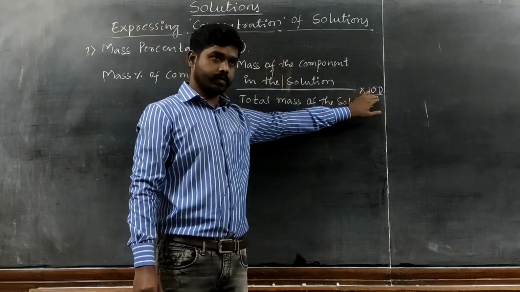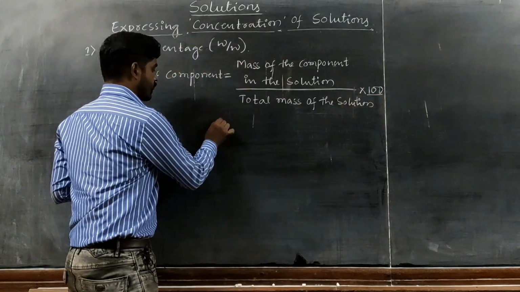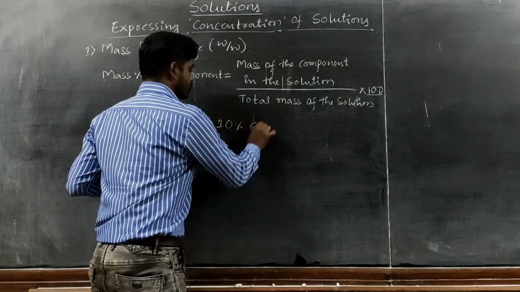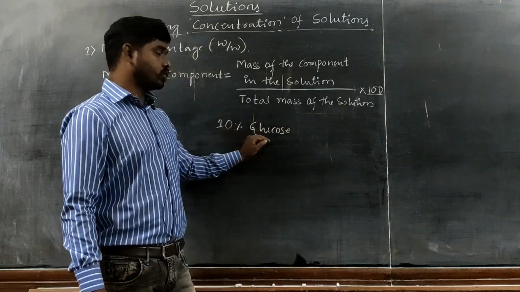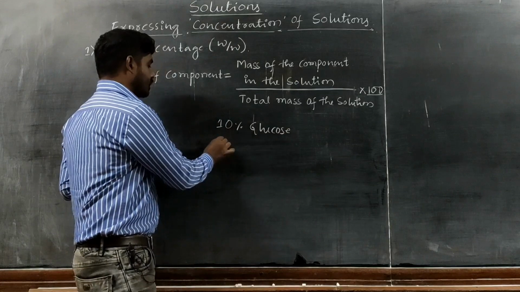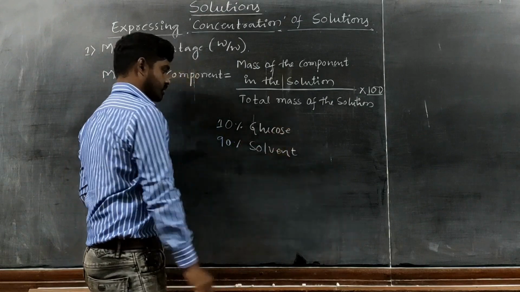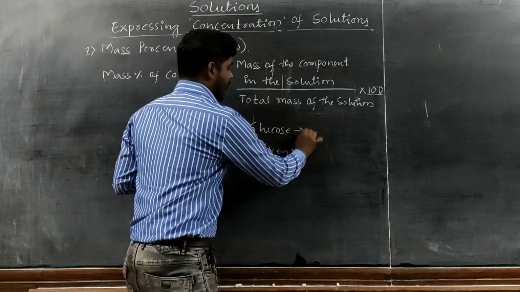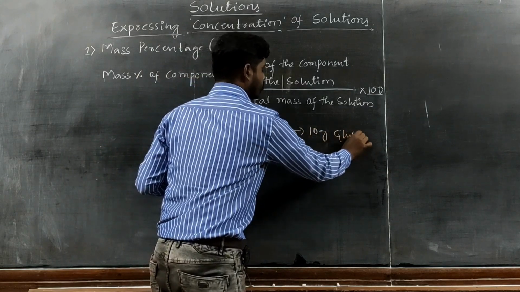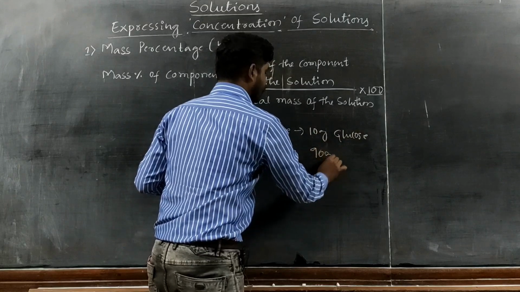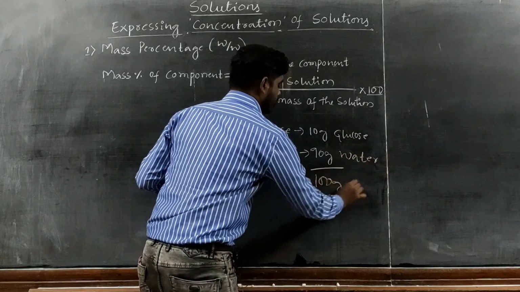For example, if you want to prepare 10% glucose solution, then you need to add 90% of solvent, whether it may be water or anything, by mass. That is, 10 gram of glucose should be added to 90 gram of water, which results in 100 gram of solution.